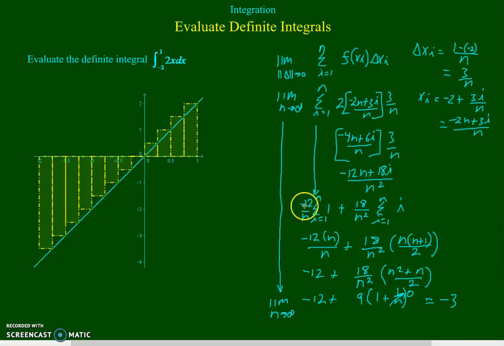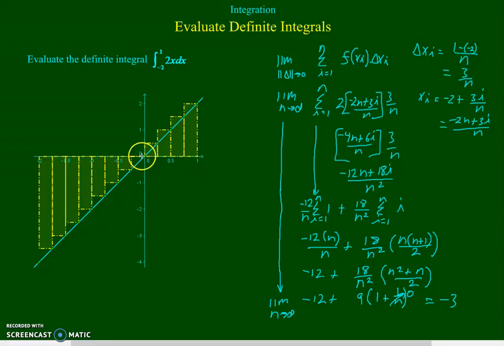So the 12 over n is multiplied by the sum of 1, and then 18 over n squared times the sum of i. This is the sum of 1, and this is the sum of i. Multiply through, simplify, and we come down to our final limit where this n term goes to 0, so we have negative 12 plus 9, which gives us a negative 3 for the area under the curve.